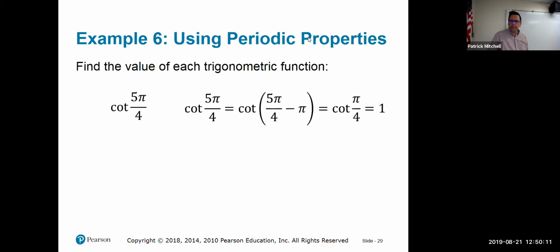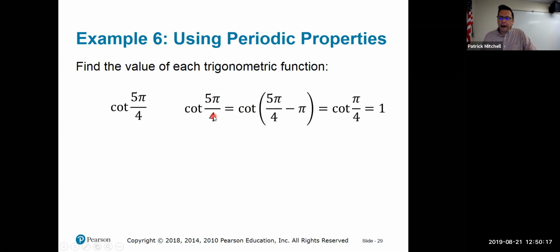So the periodic property is saying that if you add or subtract a multiple of pi to 5 pi over 4, it'll still give you the same value. So it's saying that the cotangent of 5 pi over 4 is exactly the same as the cotangent of 5 pi over 4 minus pi. And it just so happens that 5 pi over 4 minus pi is pi over 4.